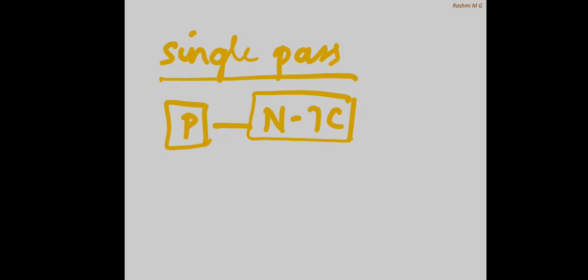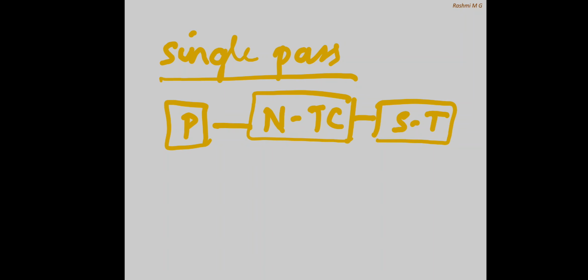First, we will take the single pass transmembrane protein. The single pass transmembrane proteins are having an N-terminal cleavable matrix targeting sequence, which is also having a stop transfer sequence.